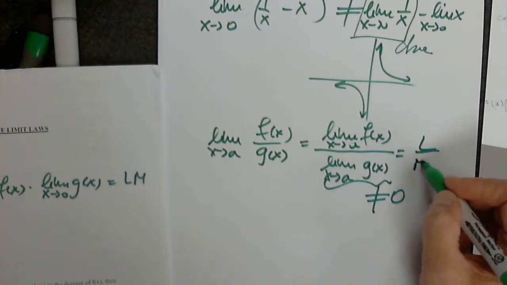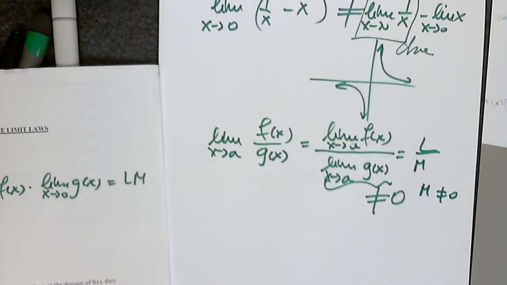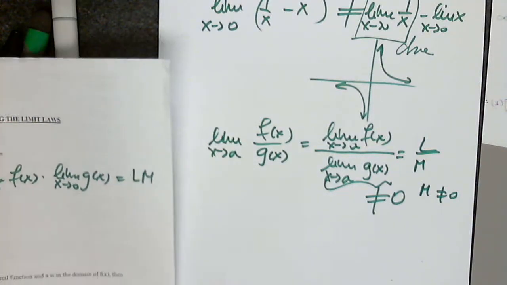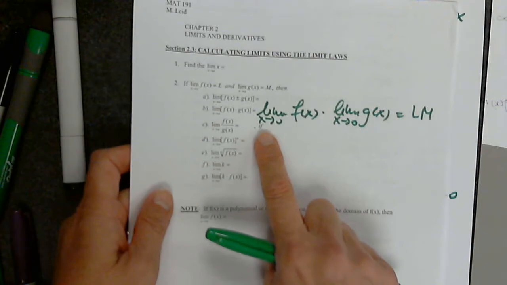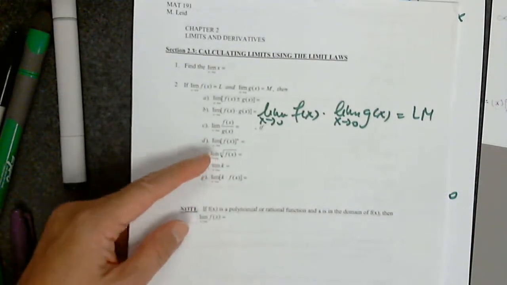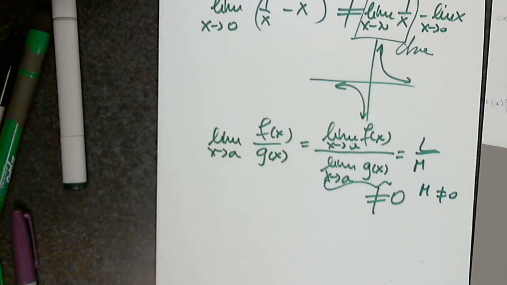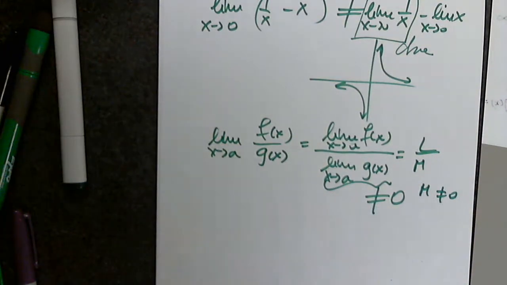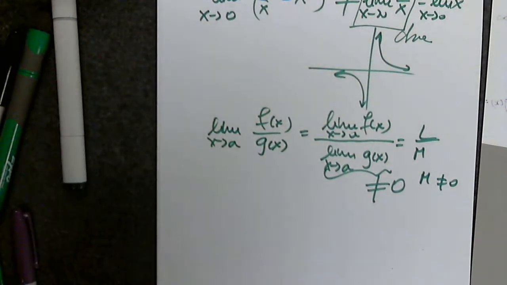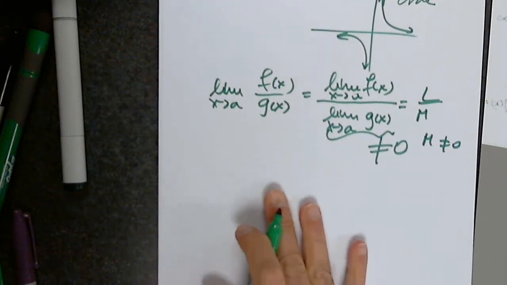So it's L divided by M, and M cannot be 0. Very good. Perfect. That's why the if in this one. The denominator cannot be 0 in a fraction.